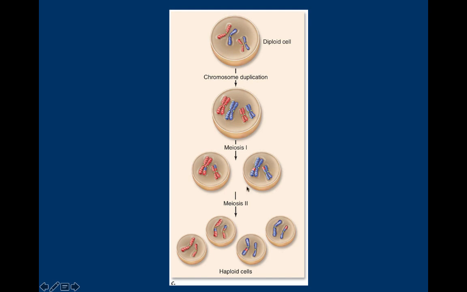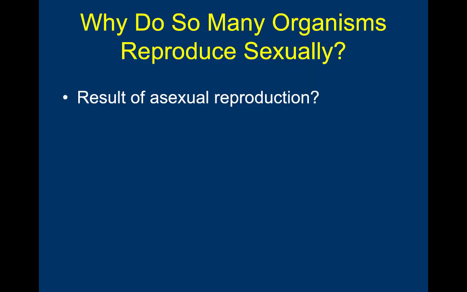So during meiosis 2, this long red one goes over here, and this long red one with a little bit of blue on it goes over here. And this short red one goes over here, and this short red one with a little bit of blue goes over here. And then in this cell, long blue goes over here, long blue with a little red goes over here, short blue goes here, and short blue with a little red goes here. So meiosis 2, we separated the sister chromatids versus meiosis 1 where we separated the homologs from each other.